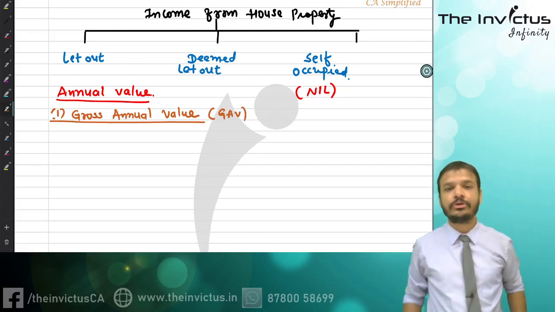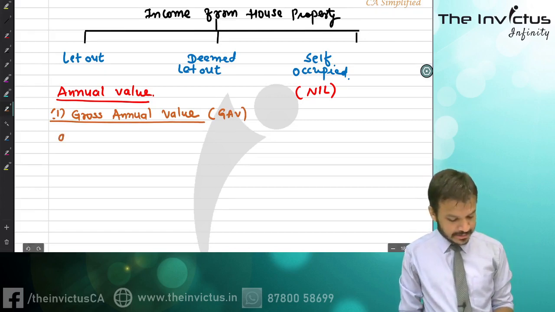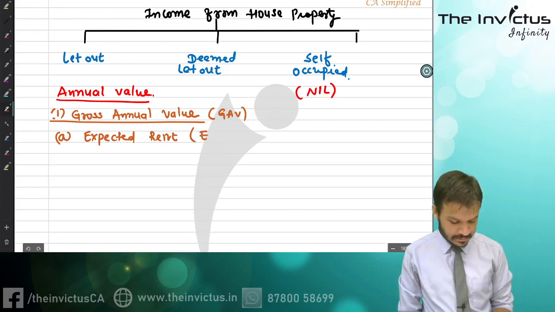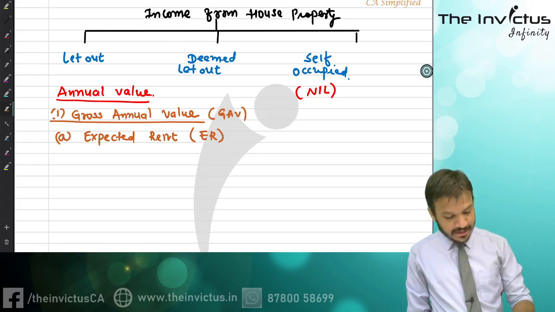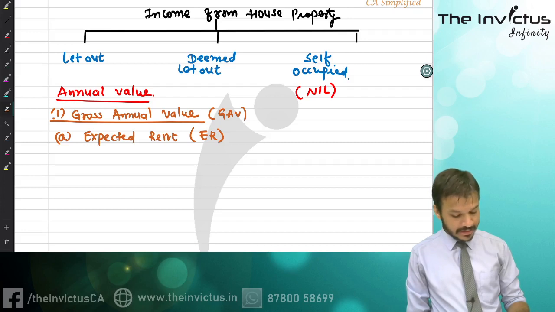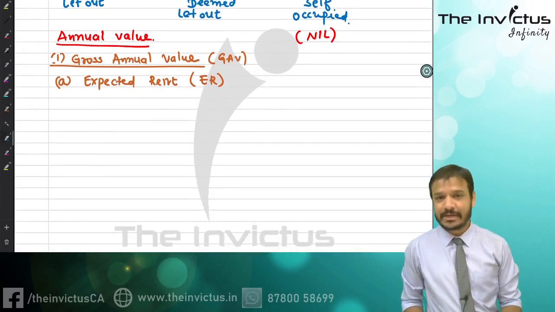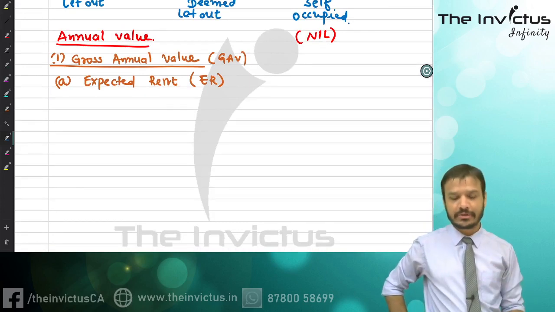Now, if I want to compute gross annual value, the first thing required is expected rent, known as ER. Expected rent means what a property can generally fetch from the market, right? So I need to compute expected rent, and the second thing I will require is actual rent, which we will discuss afterwards.